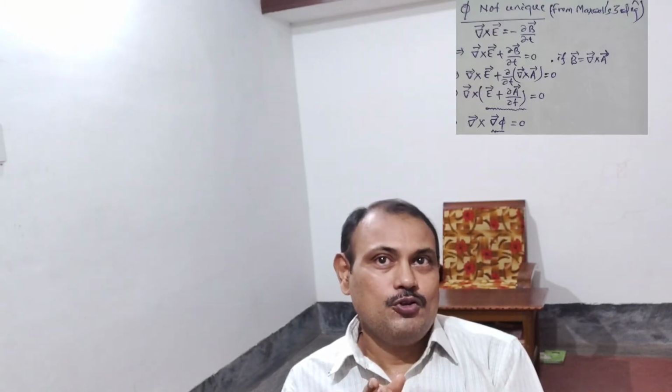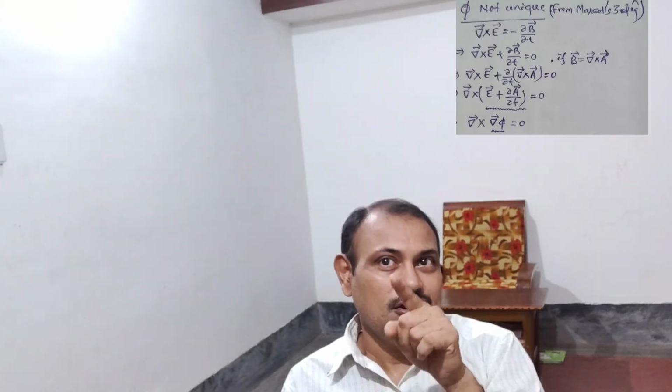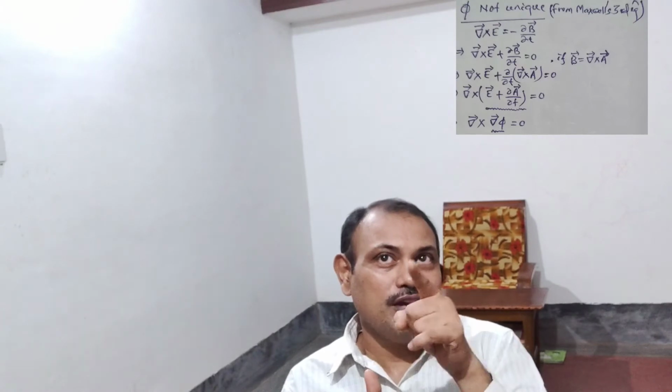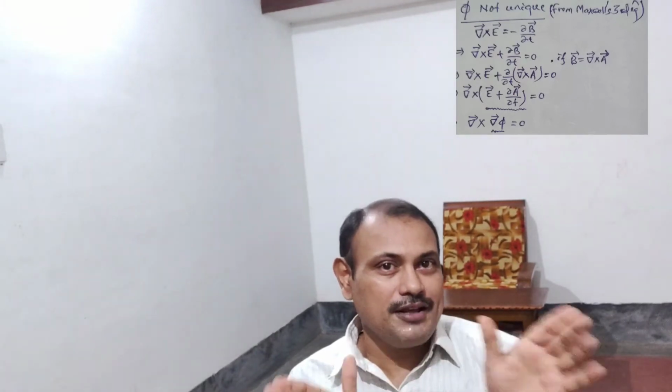If you compare this expression with the identity from which we started for the scalar electric potential, that is curl of grad phi equal to 0.